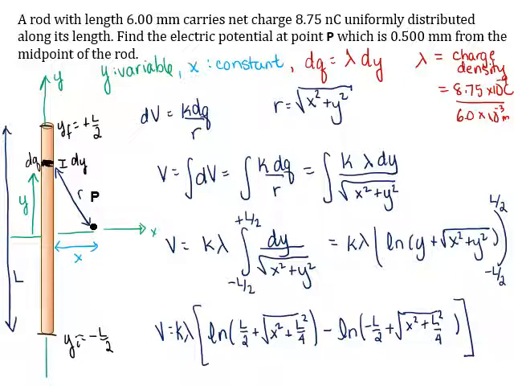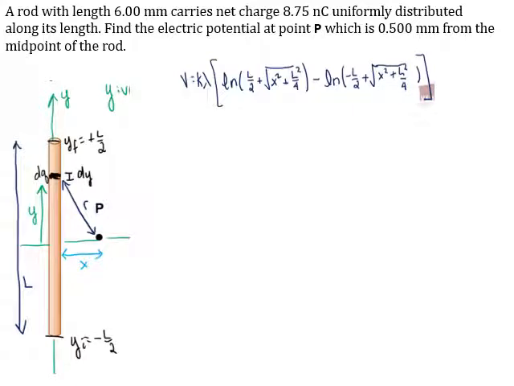We're pretty close to done here, but we can simplify it a little more. To keep going, let's use an identity that says the log of A minus the log of B is equal to the log of A divided by B. So let's use that in our expression for potential.